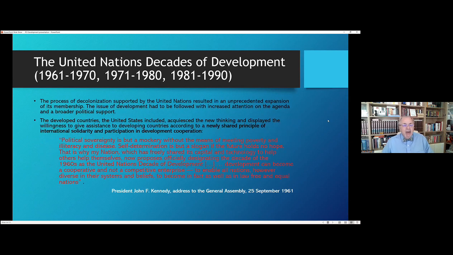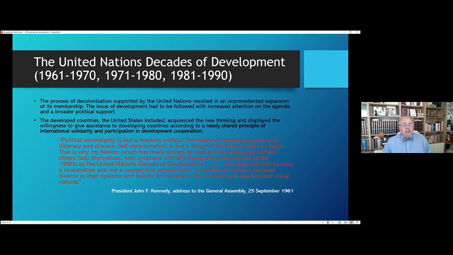Now, another surprise: in the 60s, the United Nations launched this, let's say, political catchword, which is about the United Nations Decades for Development.